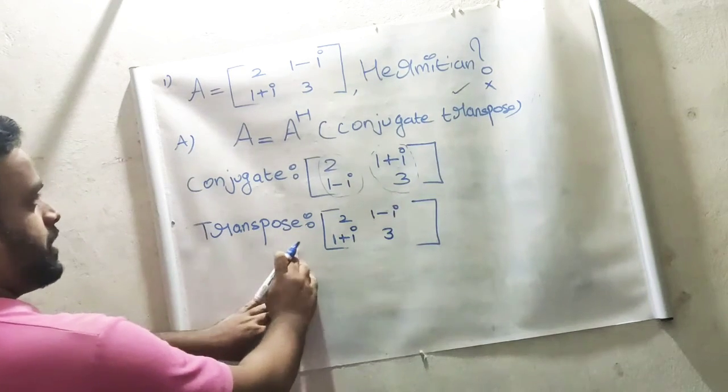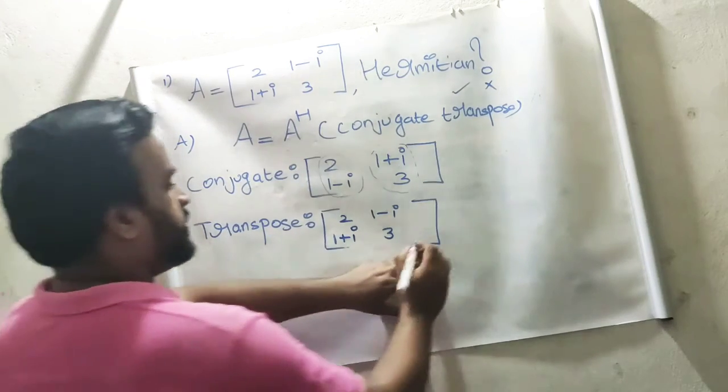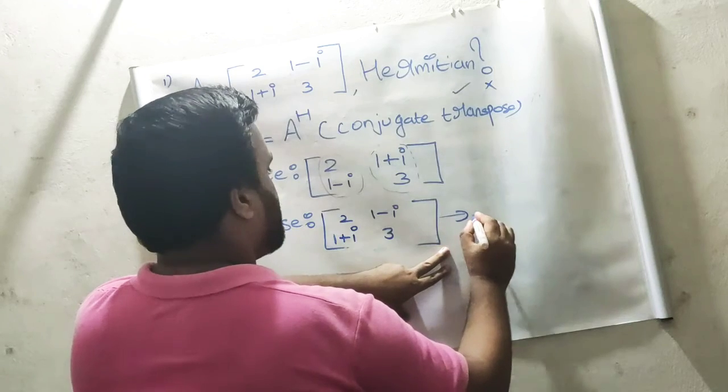You get the transpose matrix. This is AH.